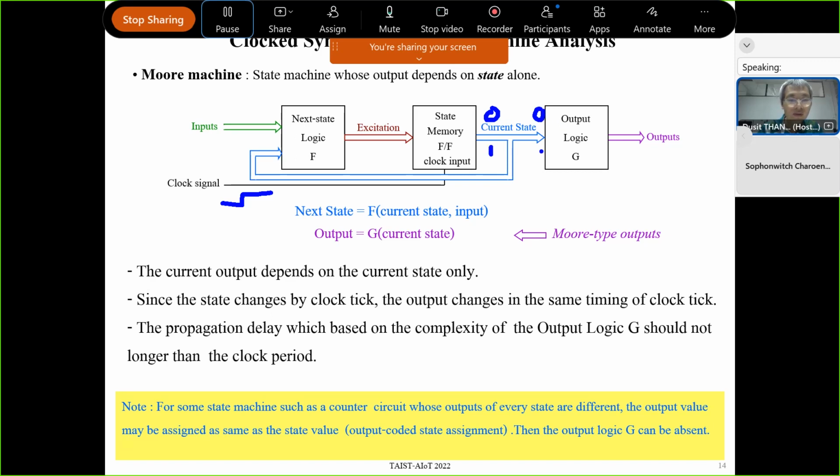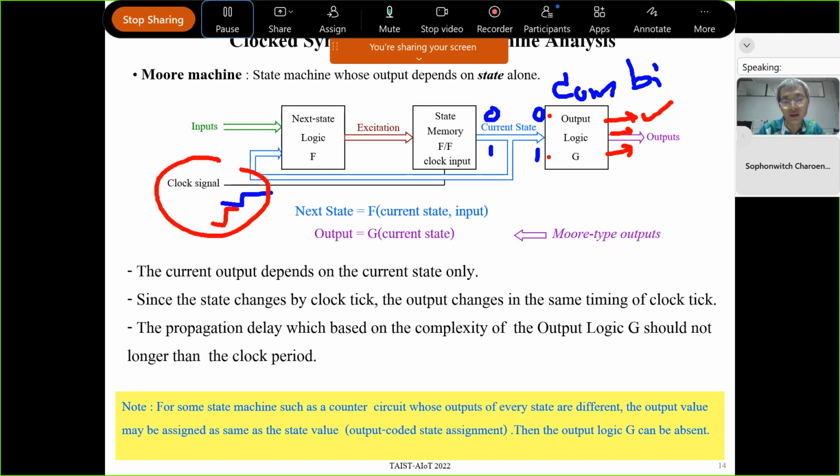That means the input of circuit G updates also. And don't forget that circuit G is a combinational circuit. That means if the input changes value, the output of the circuit will change suddenly with some propagation delay.